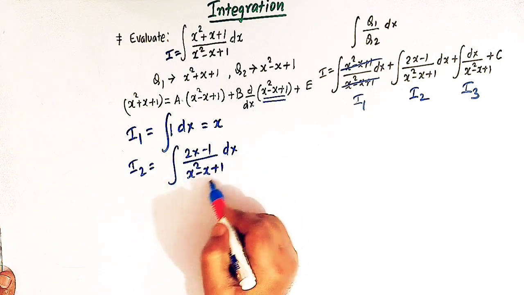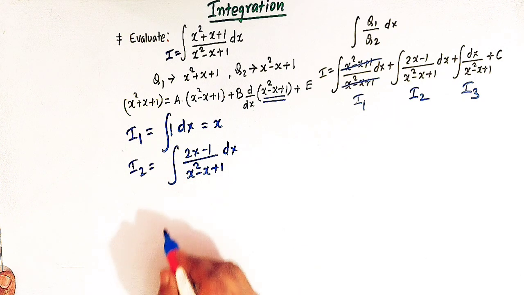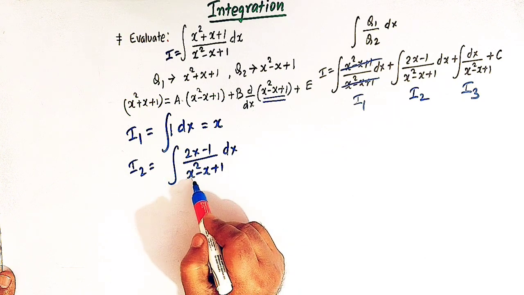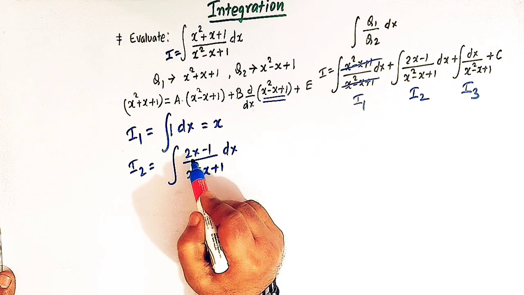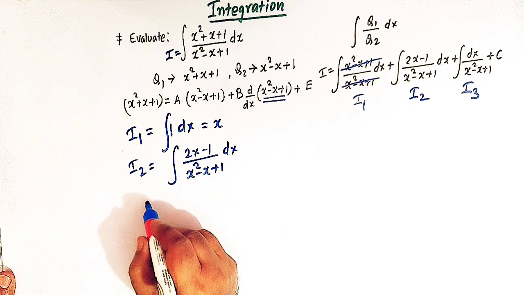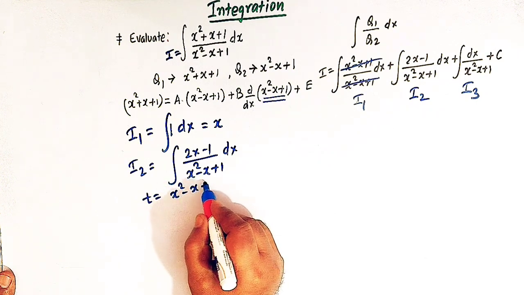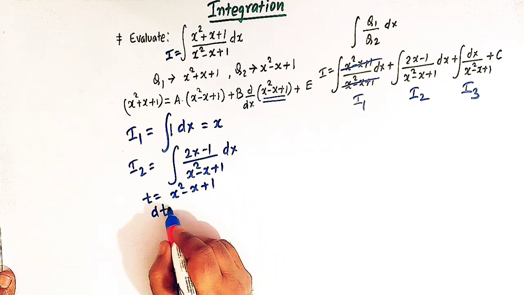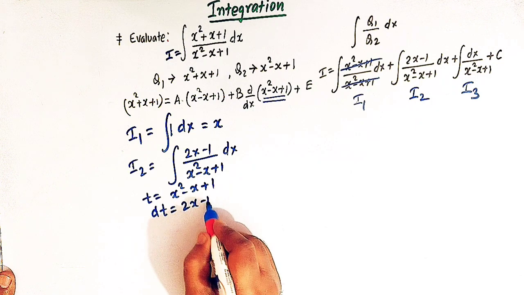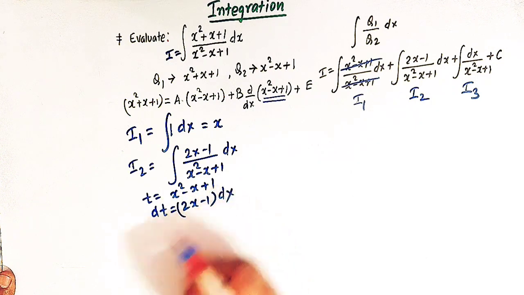So we can solve it by method of substitution, because the derivative of the denominator occurs in the numerator. So we have t is equal to x square minus x plus 1. So dt is 2x minus 1 dx, right?